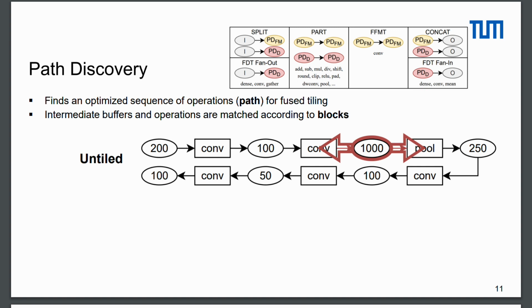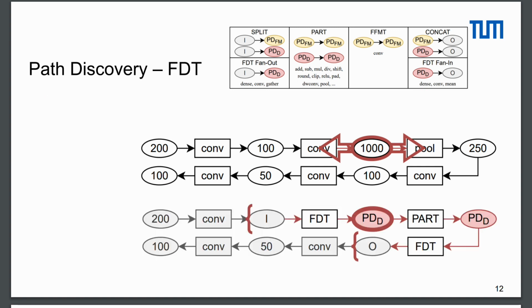Then we move up and down this data flow graph while matching the blocks to determine how this should be tiled. And there are multiple variants produced to compare the fused feature map tiling and the fused depthwise tiling. So let's say we start with the fused depthwise tiling.